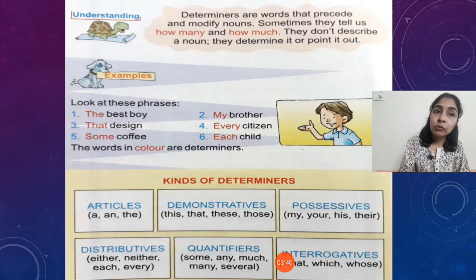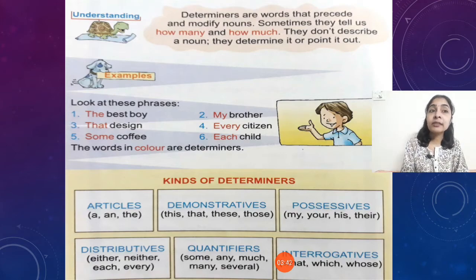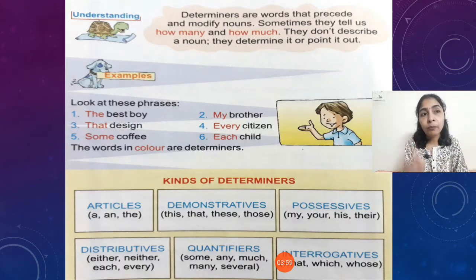Now let us go through the kinds of determiners. There are six kinds of determiners. First come the articles, then the demonstratives, then possessives, distributives, quantifiers, and then interrogatives. If you try to understand, the word itself denotes what they are pointing out.